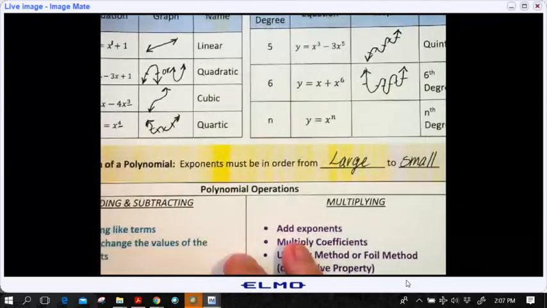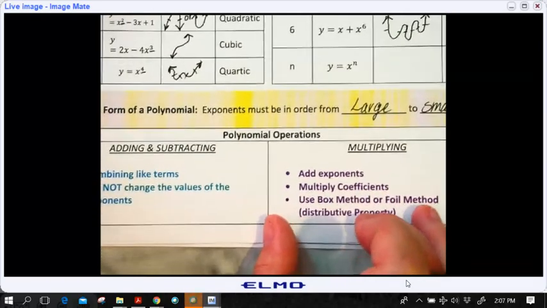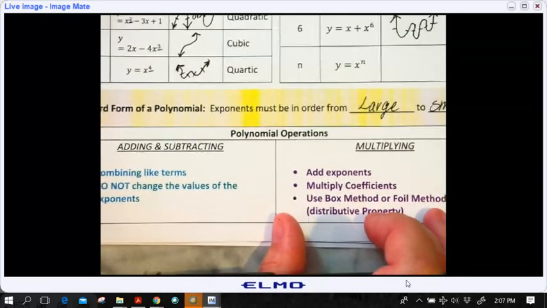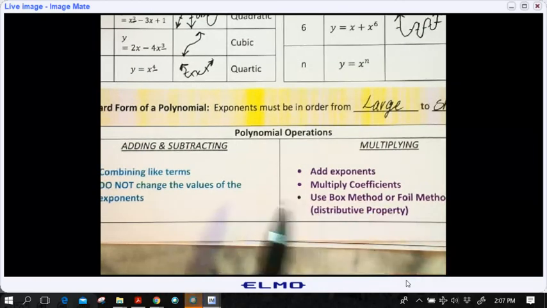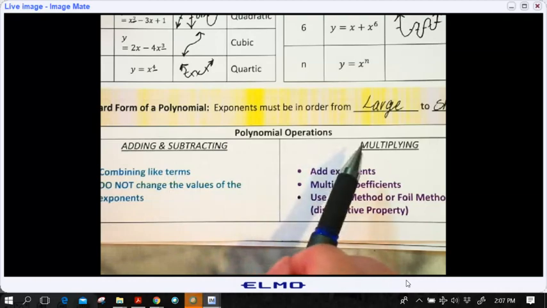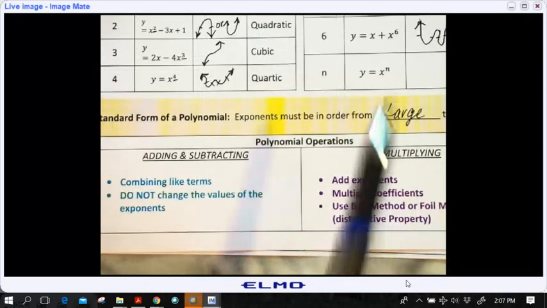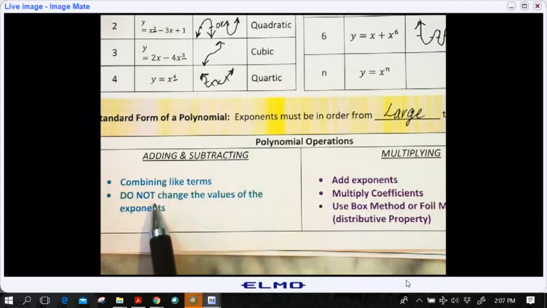Okay, our exponents need to be in order from large to small. And so we are going to look today at examples of polynomial operations that deal with both addition and subtraction, as well as multiplication. So when we're doing addition and subtraction, I want you to keep these notes in mind.